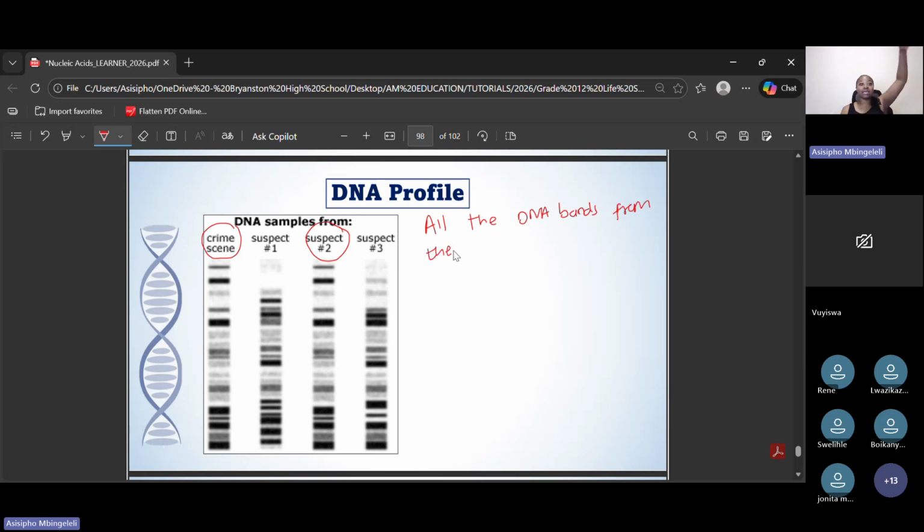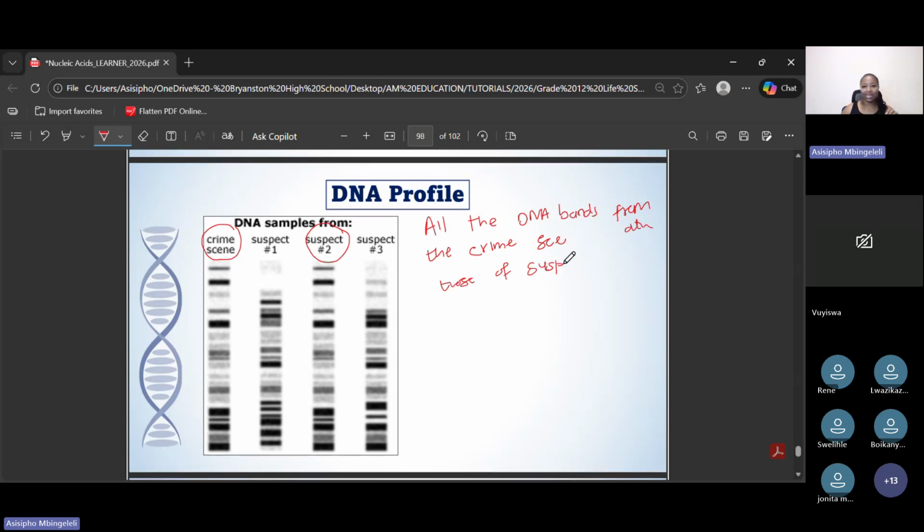Remember in our other example, they'd written evidence, so we can't write evidence. We take the words that we are given here. From the crime scene, match those of suspect 2. I need us to get these marks. Suspect 2, that's how they want it.